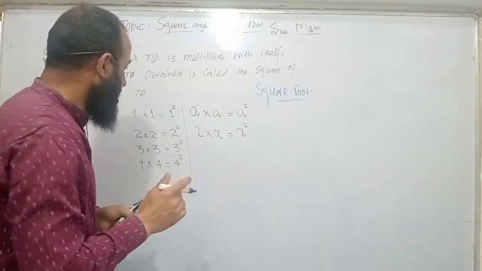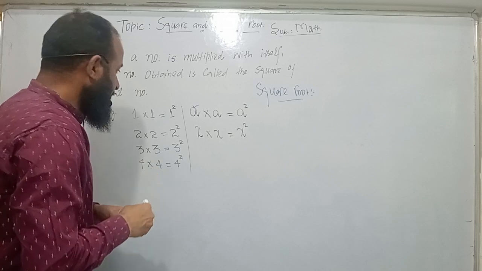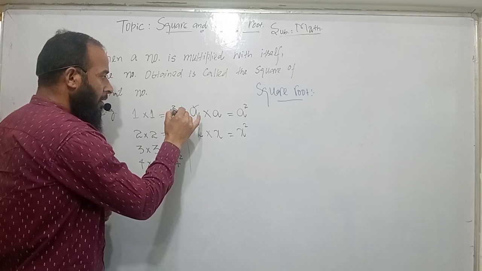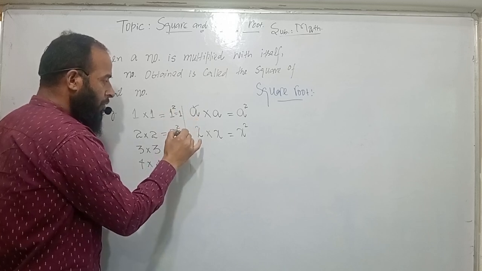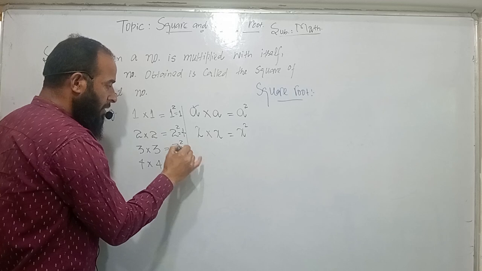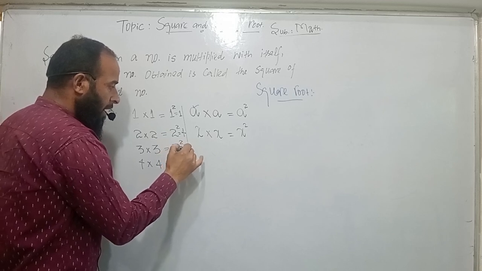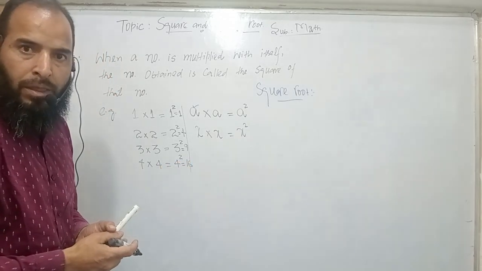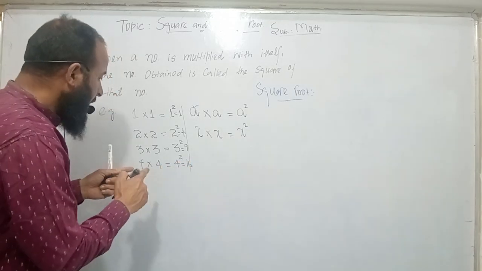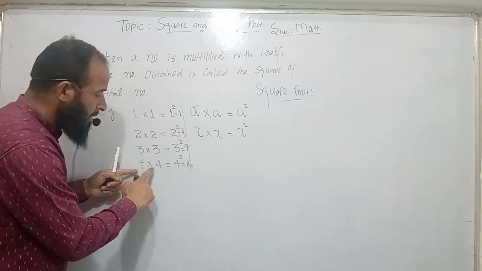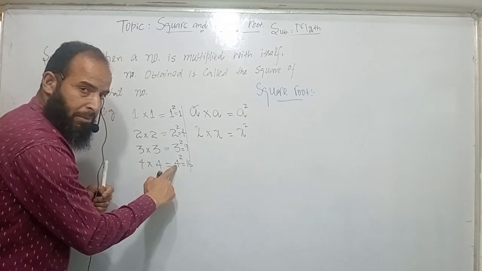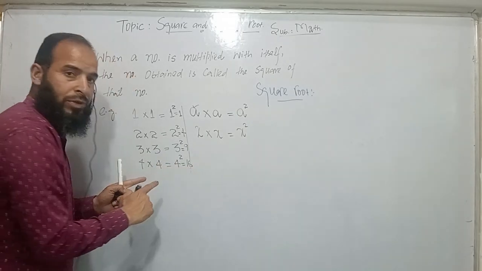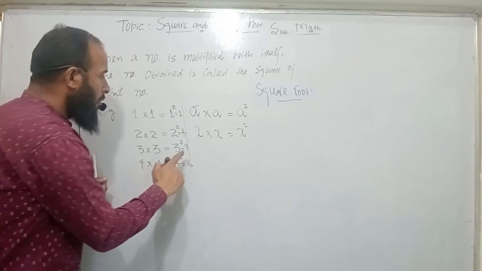Got it? For example, see, here we have what is 1 square? That is 1. What is 2 square? That is 4. What is 3 square? That is 9. What is 4 square? That is 16. Okay? So, the number which gets multiplied with itself is called the square of that number. That means 16 is the square of 4.